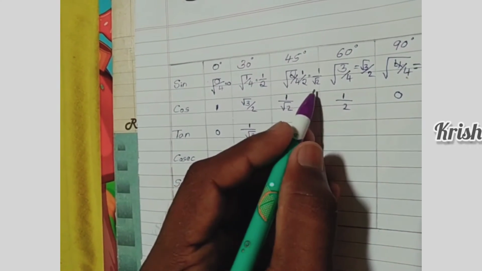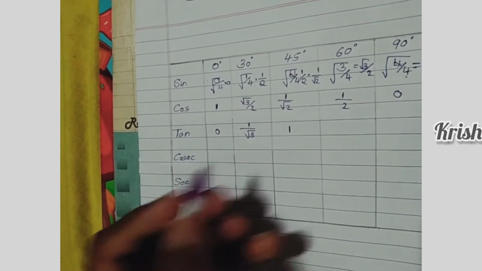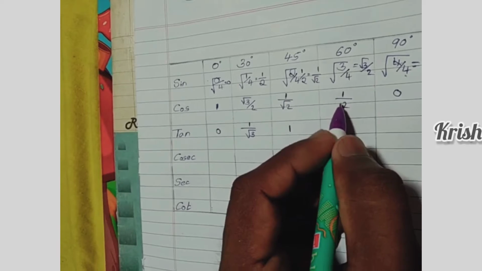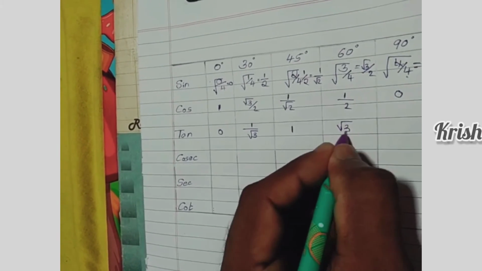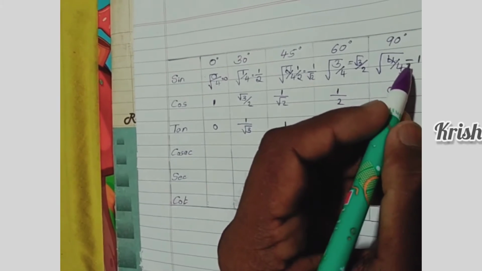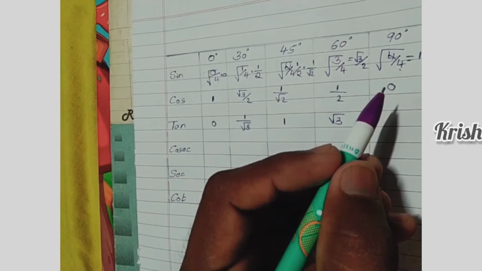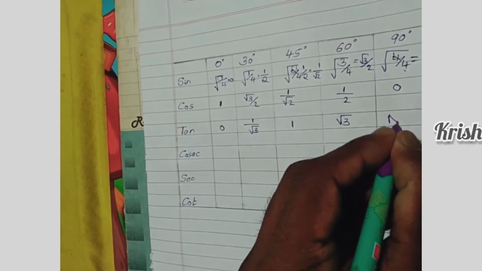Next here 1 by root 2 divided by 1 by root 2, hence the result is 1. Here root 3 by 2 divided by 1 by 2, hence the denominator cancels, remains root 3. Here 1 by 0, anything divided by 0 cannot be defined, so hence we write not defined.